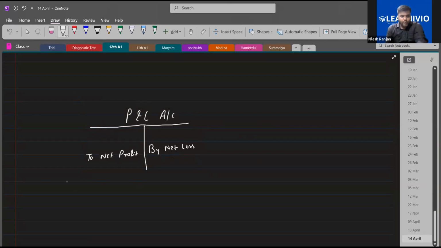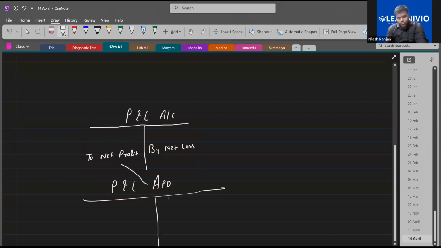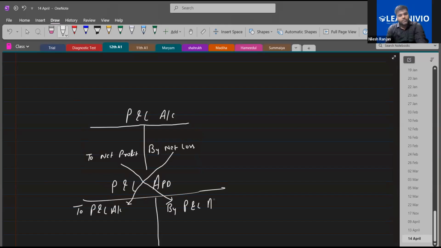So when we start preparing the profit and loss appropriation account, this goes on the credit side and this goes on the debit side. So we write by profit and loss account. For profit, it is on the credit side; for loss, it is on the debit side.